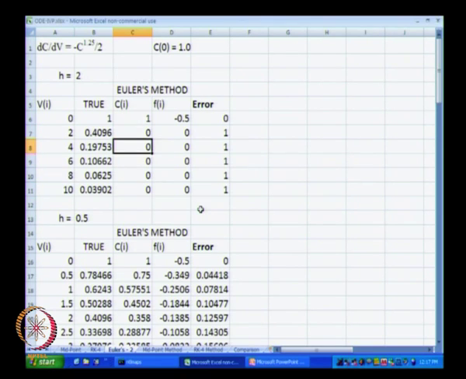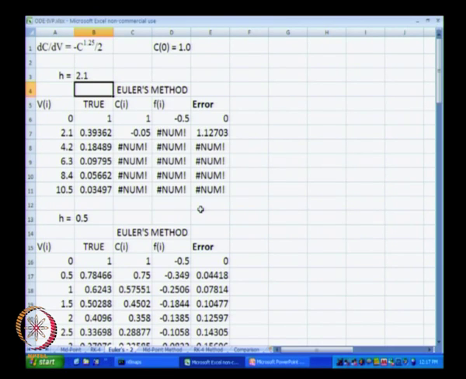Now that is a little bit of a problem over here. This problem arises because at h equal to 2 we have the limit of stability of this particular method. What that means is, let us go from h equal to 2 to h equal to 2.1, and this is what we observe.